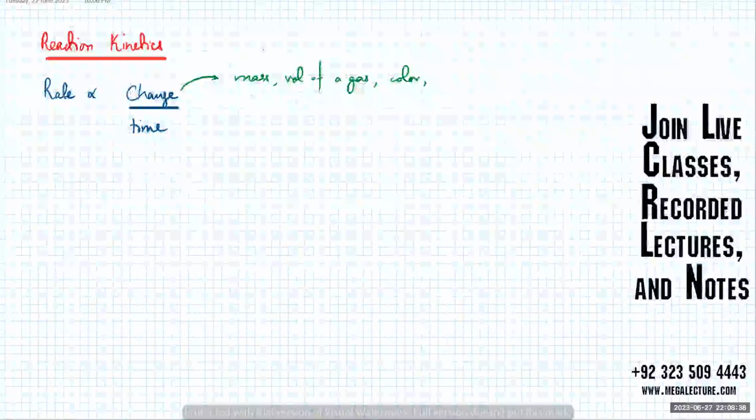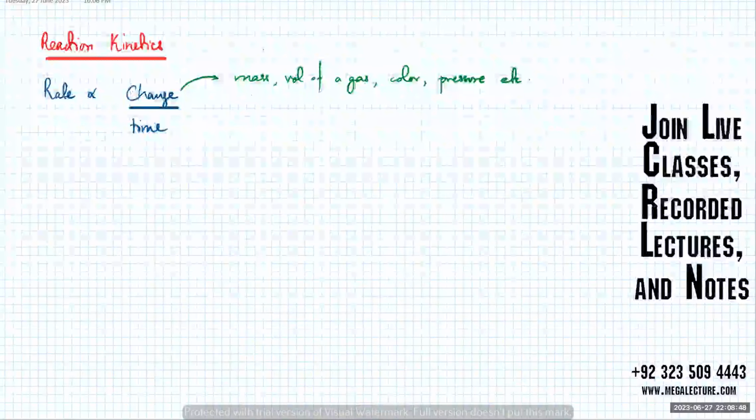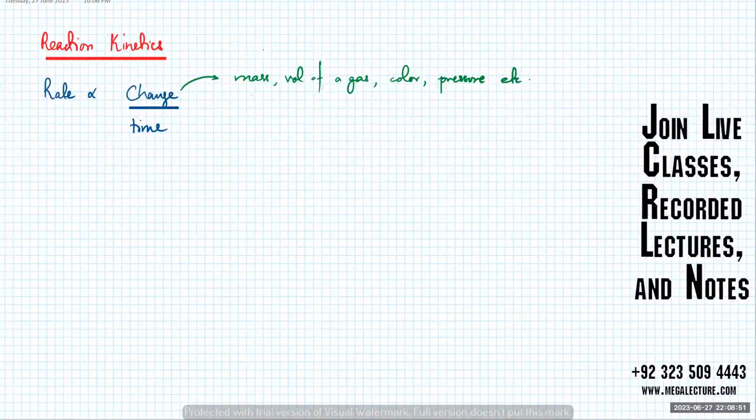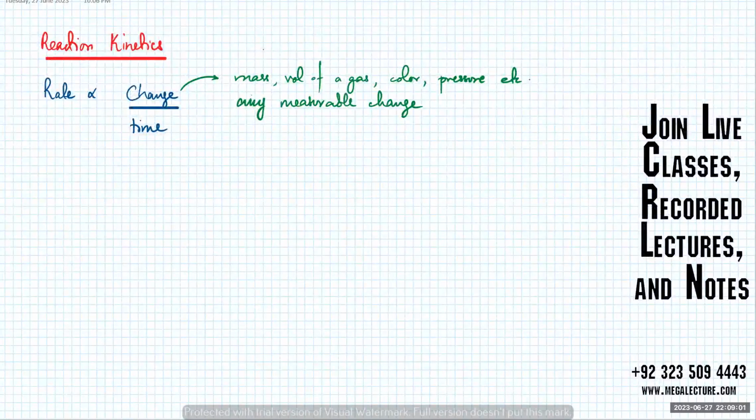If it's taking a very long time, the reaction is slow. It could be a pressure change. Reactions sometimes give you pressure changes as well. So it could be any measurable change, as long as that change corresponds to the reaction speed.